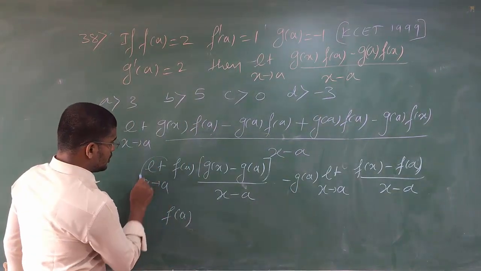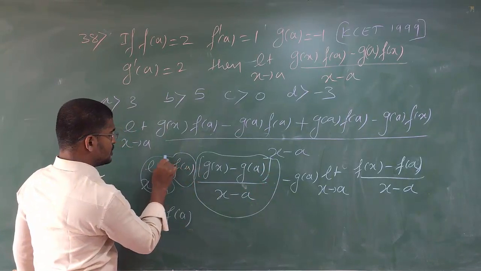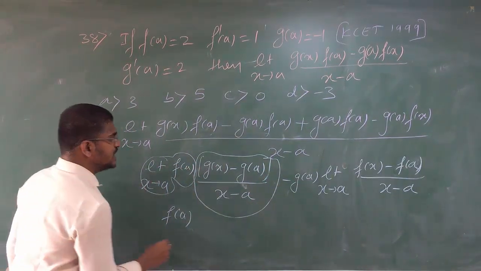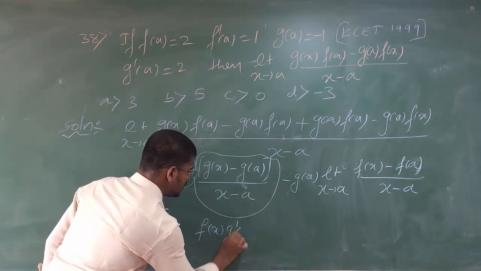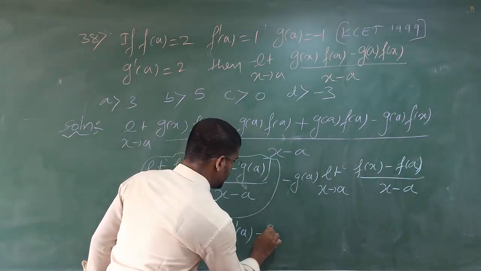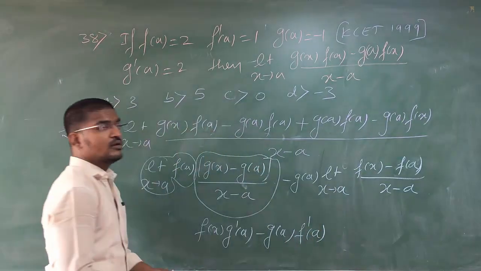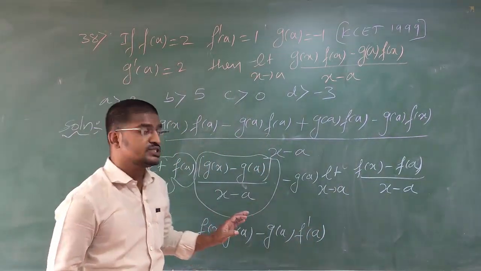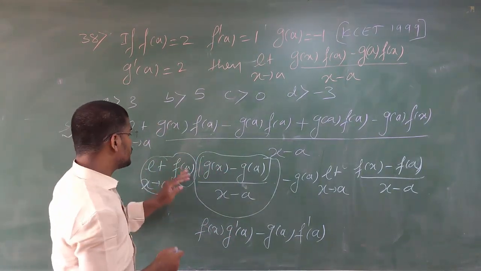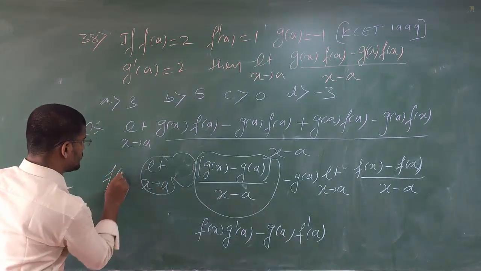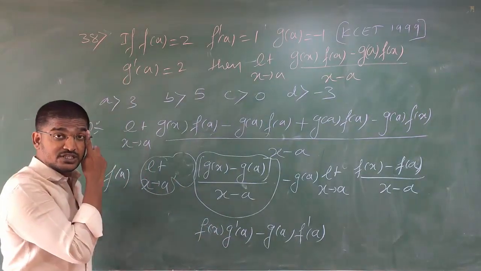Now, by this term, you can say that this is g dash of a, this is g of a. From this term, you say it is f dash of a. From the first principle method of differentiation, limit applying to this will be separate. f of a will be separate outside of your limit. If you take this now, you are going to have g dash of a by first principle method.